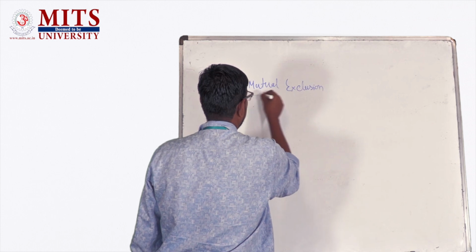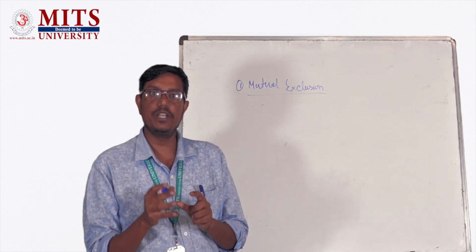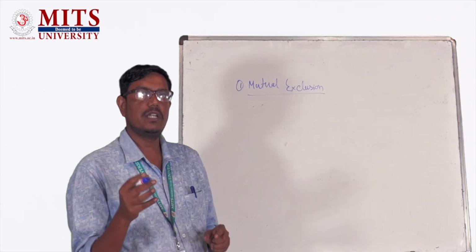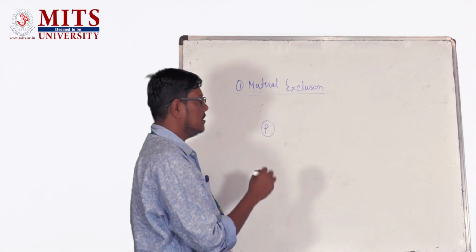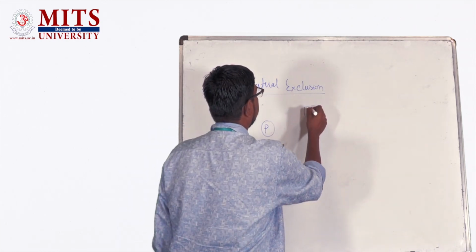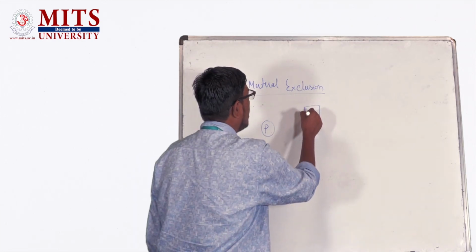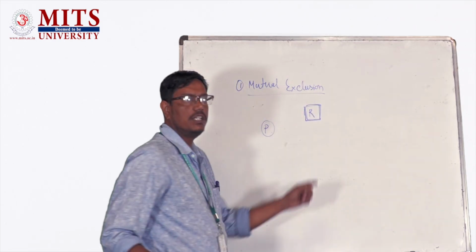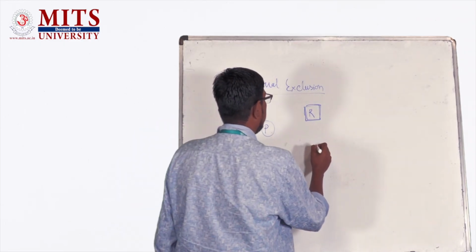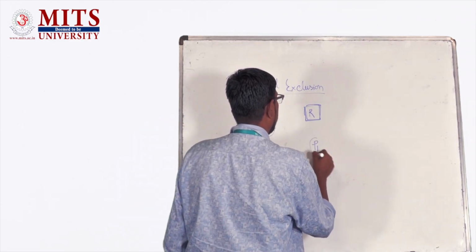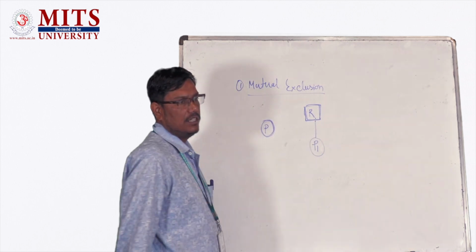Mutual exclusion means a process needs a resource to complete. Here a process P is running. It needs a resource R, but this resource R has only one instance, meaning only one resource is there. If this resource is allocated to another process, this process cannot take it.